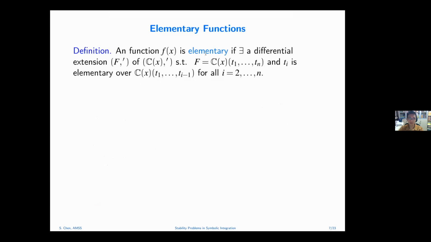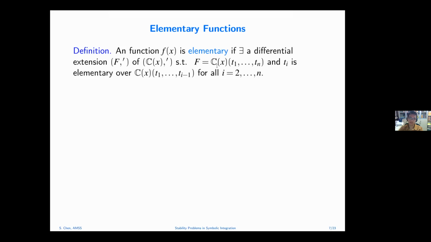So a function is elementary, usually we say over the rational function field, if there exists a differential field extension F, which you obtain by adjoining to this rational function field iteratively elementary elements, which means T_i is elementary over the previous field, the field generated by the previous elements T_1 to T_{i-1}, for all i.